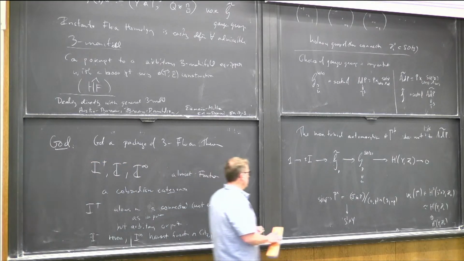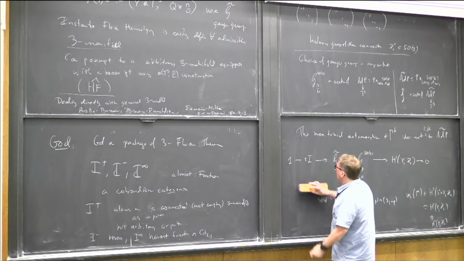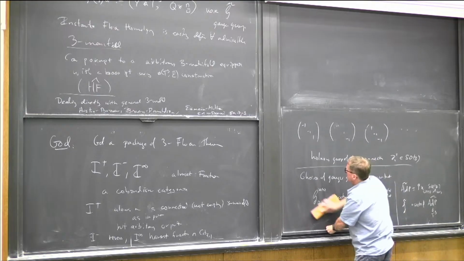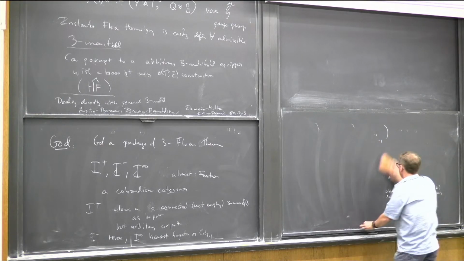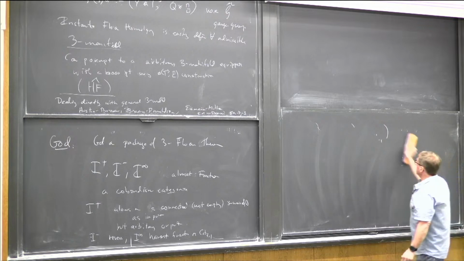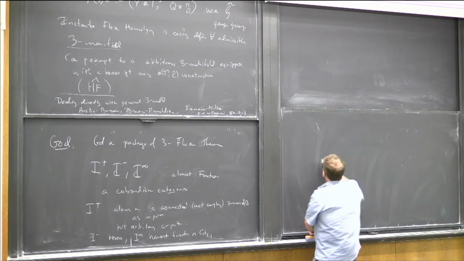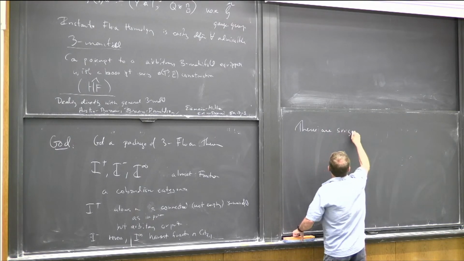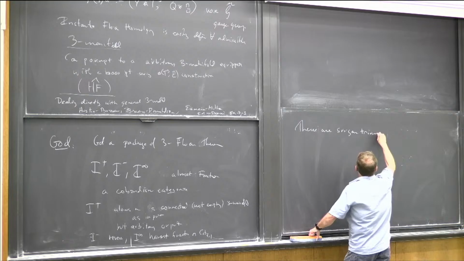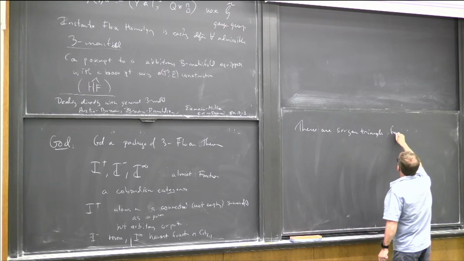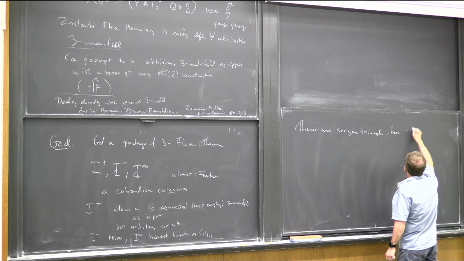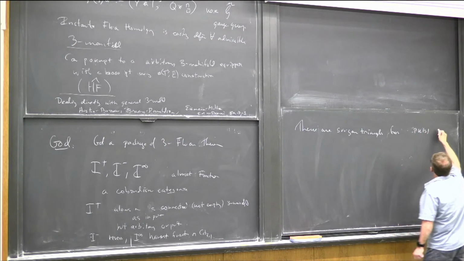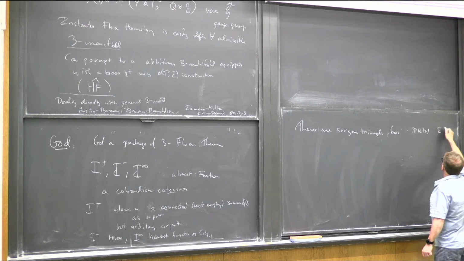I should say maybe one more thing from the past, but which now has much better proofs. There are surgery triangles for the, let's call it PU2 Floer homology.